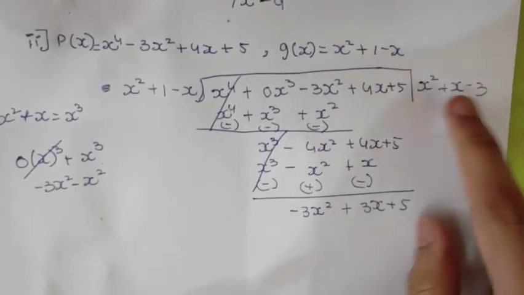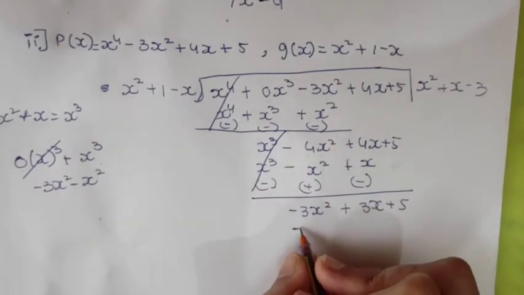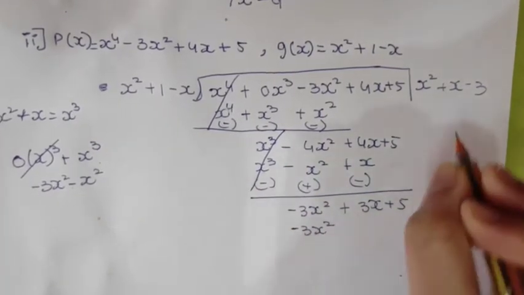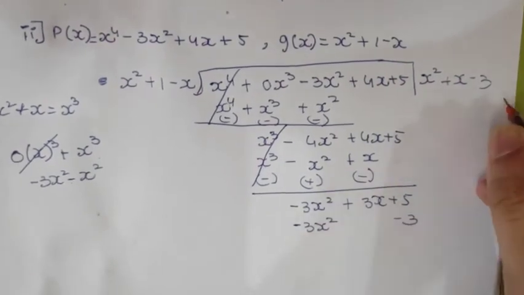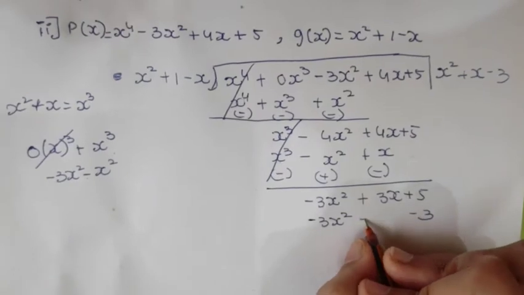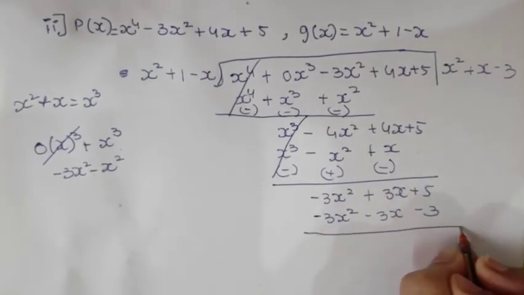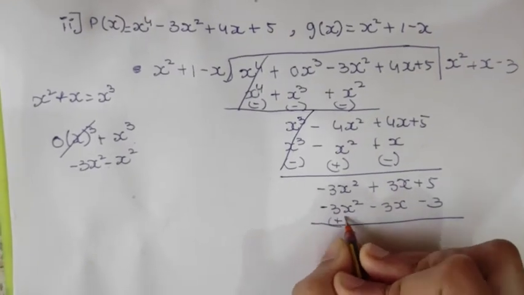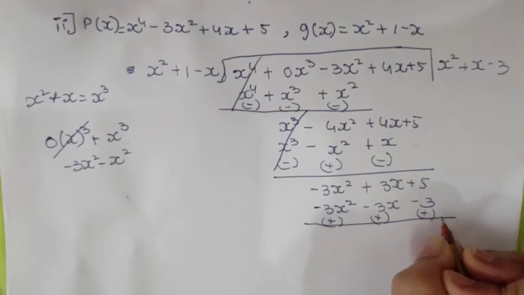So here minus 3 into x square is minus 3x square. Okay, minus 3x square. And minus 3 into 1 is minus 3. And here minus 3 into minus x is plus 3x. Okay, so that becomes here plus, here also plus, and here also plus.